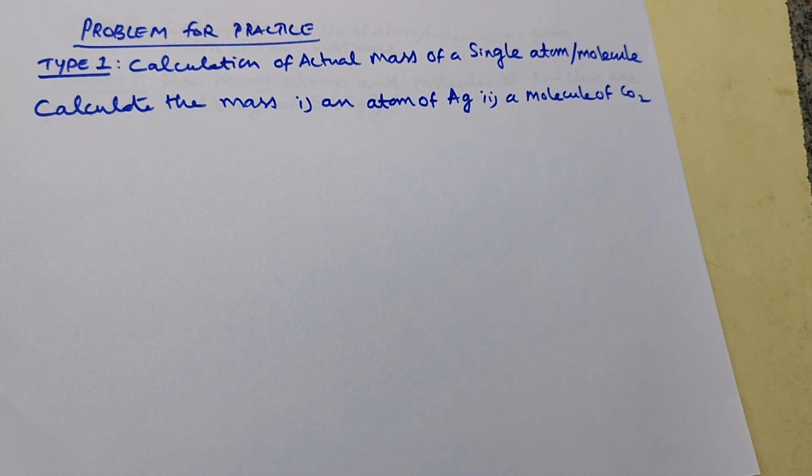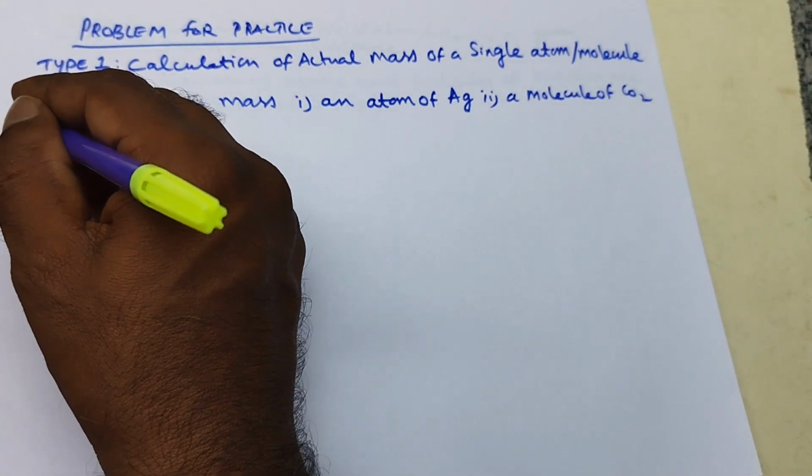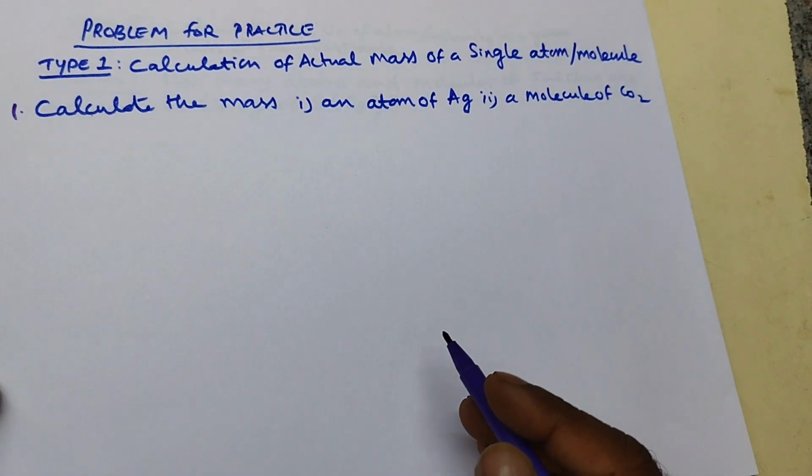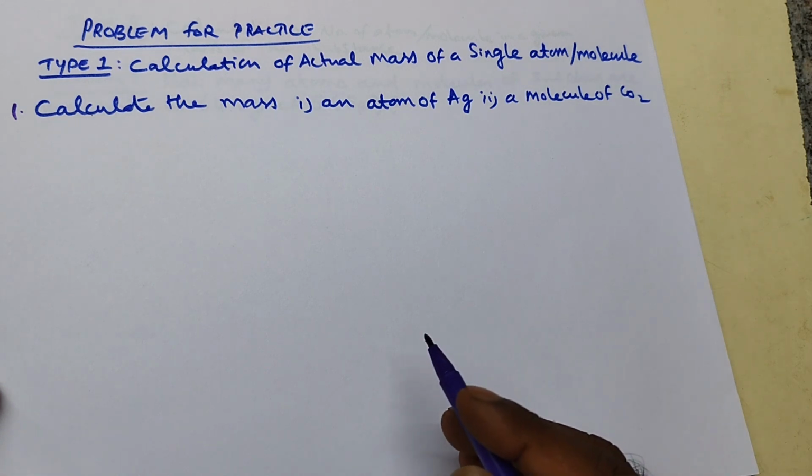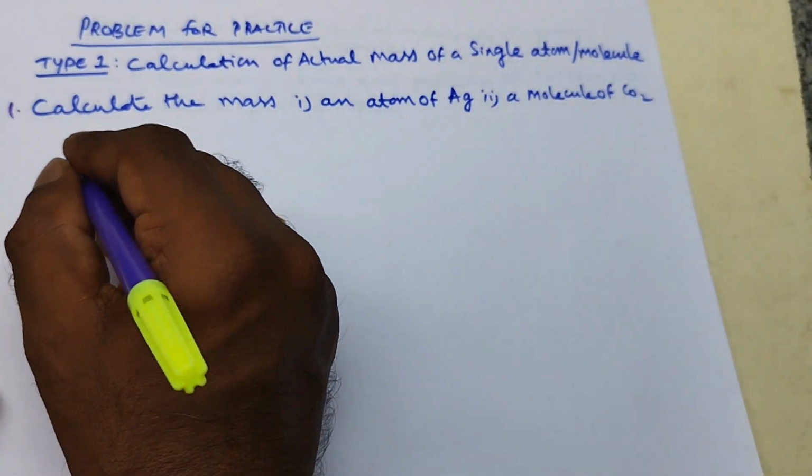Problems for practice. We have three different types of problems. The first type is calculation of actual mass of a single atom or molecule. For example, calculate the mass of an atom of silver and a molecule of carbon dioxide. So how can we solve the problem?